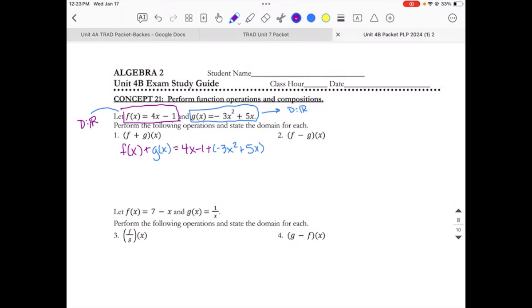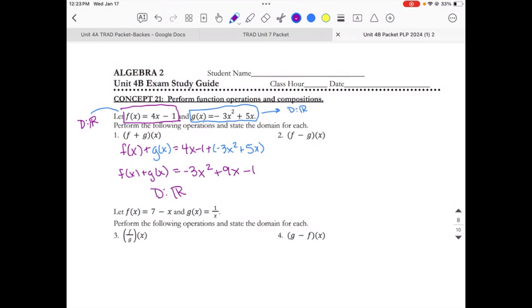And as you combine like terms there, you get f of x plus g of x equals negative 3x squared plus 9x minus 1. And again, there's no fraction, so your domain is all real numbers.